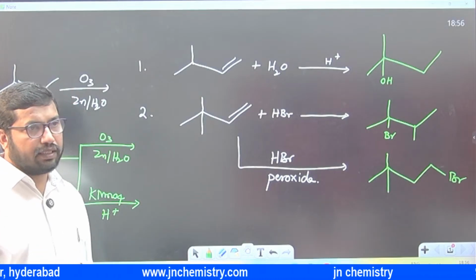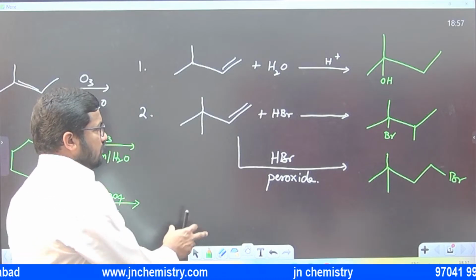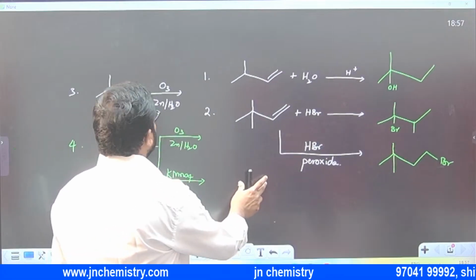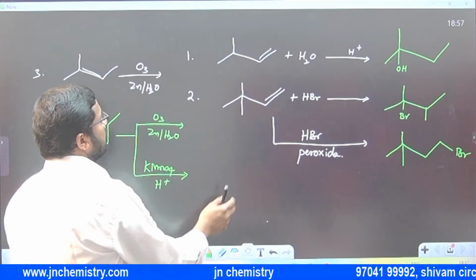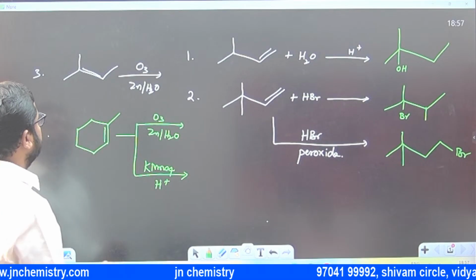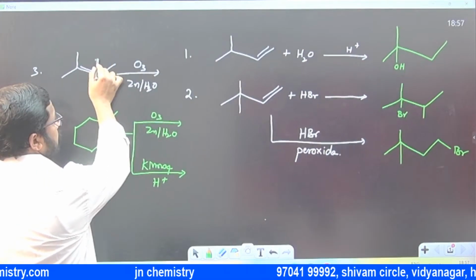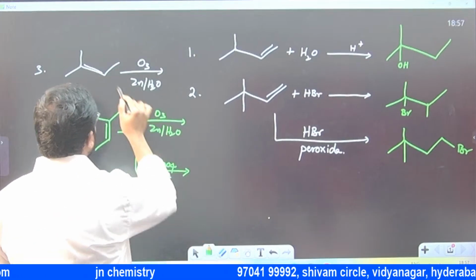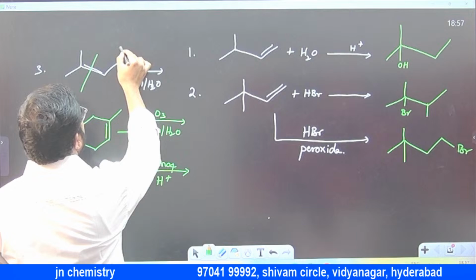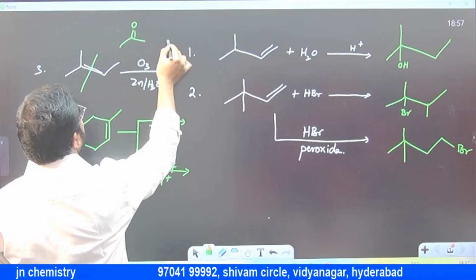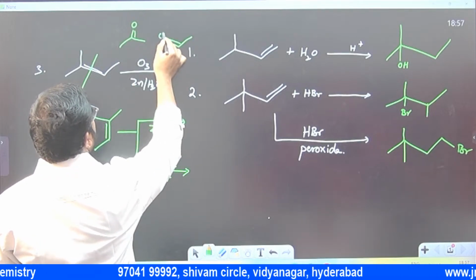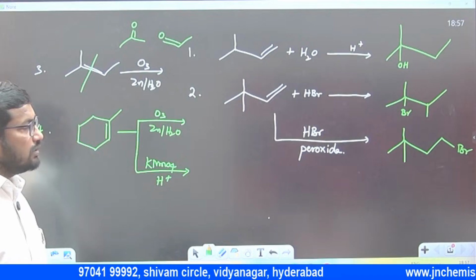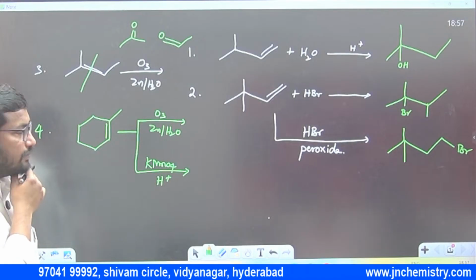Already a 6-member ring. Acetone plus ethanol.